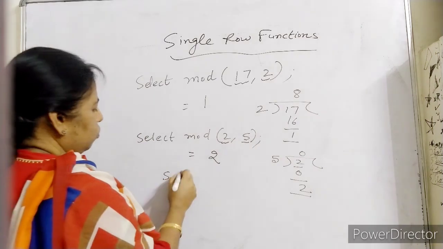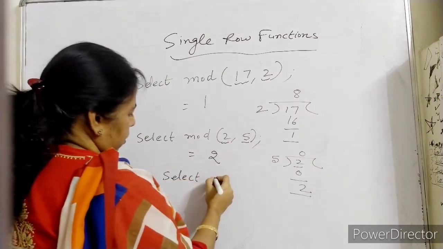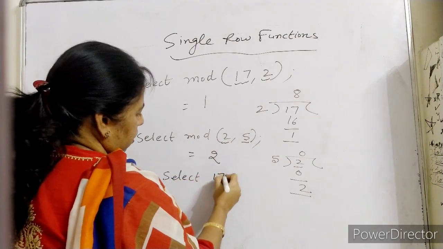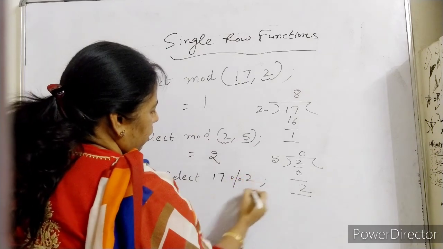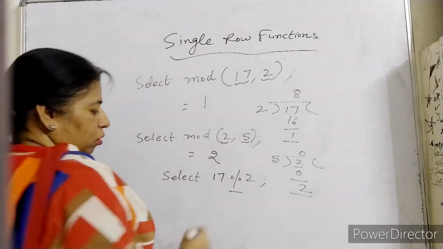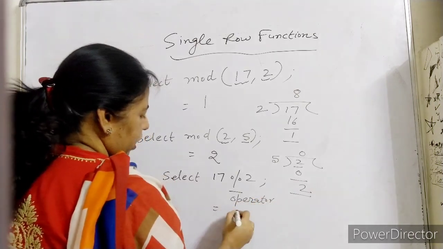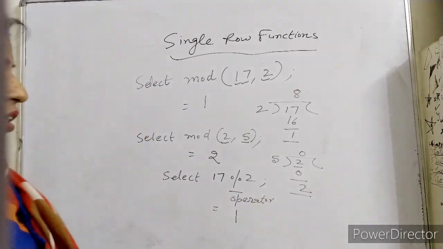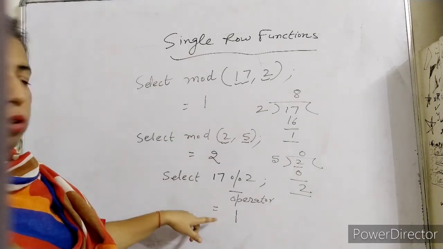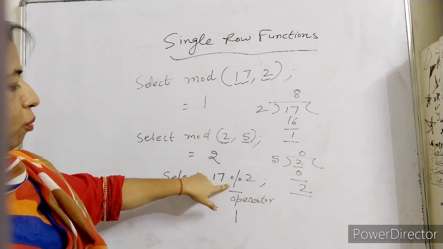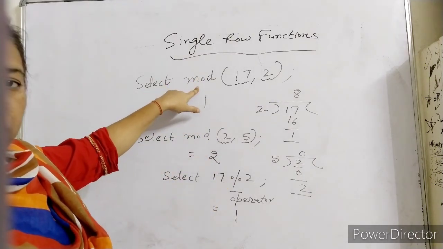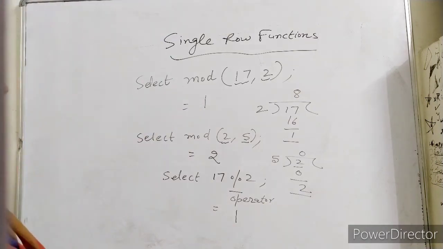You can use the modulus function like that, or you can take the help of an operator also. Here I am using the operator for calculating the modulus. You will get the same answer. It means in MySQL we have two alternatives to calculate the modulus. One is this operator percentage and second is this function mod.